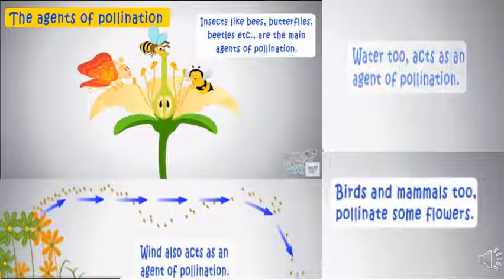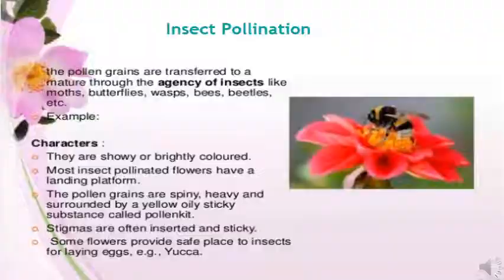Agents of pollination. Pollination can occur with the help of insects, wind, and water. Insect pollination. The pollen grains are transferred to a mature stigma through the agency of insects like moths, butterflies, wasps, bees, beetles, etc. The characteristics are they are showy or brightly colored. Most insect pollinated flowers have a landing platform.